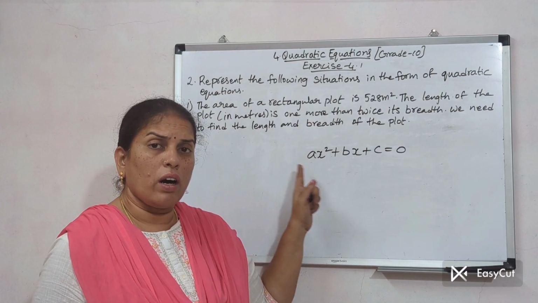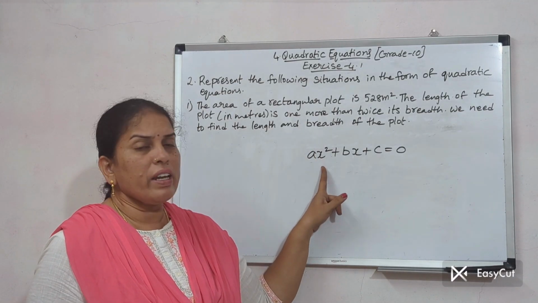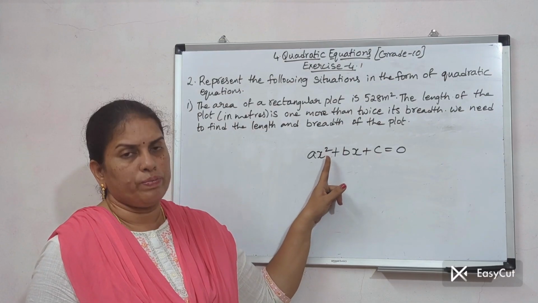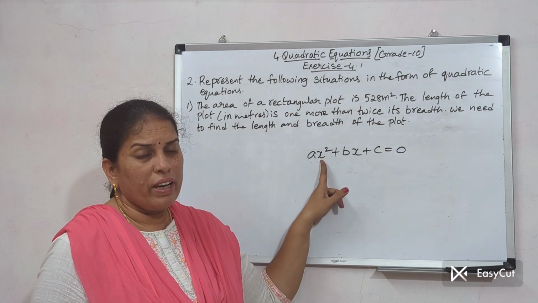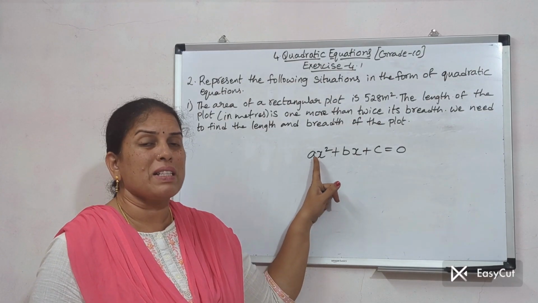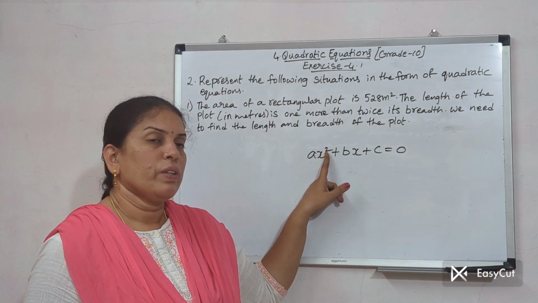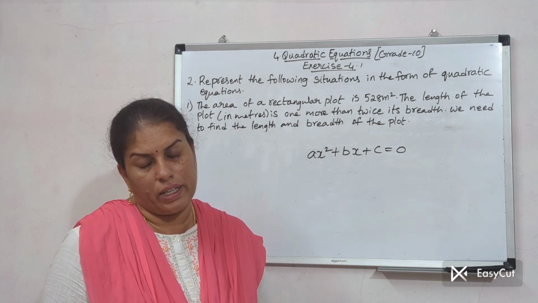Why do we call it a quadratic equation? Because the power of the variable should be 2. X is the variable. What is the exponent of this x? Exponent is nothing but the power only. What is the exponent of x? 2. So it is called a quadratic equation.